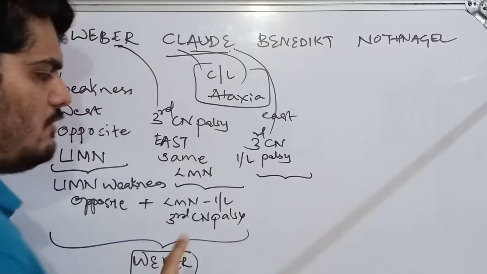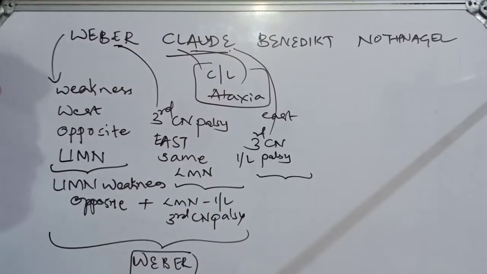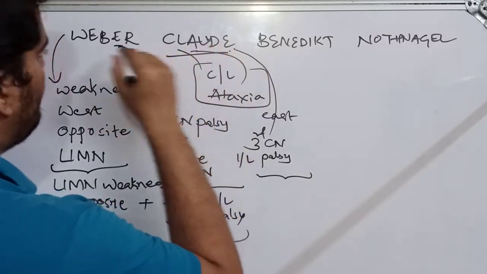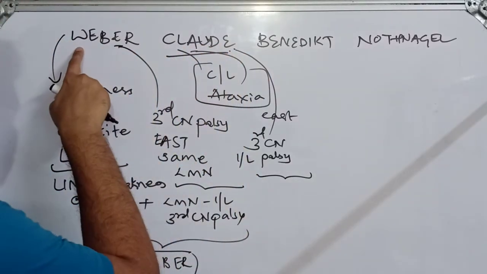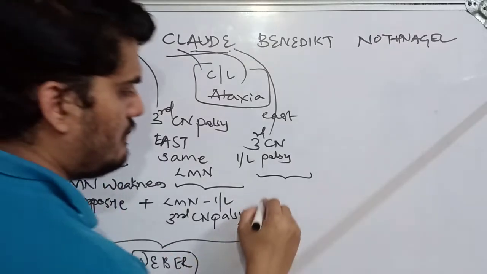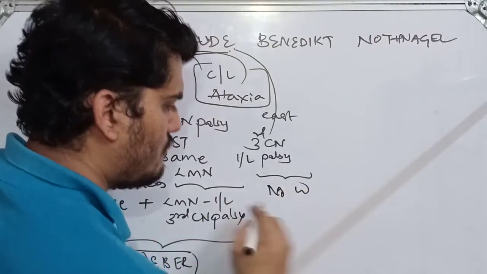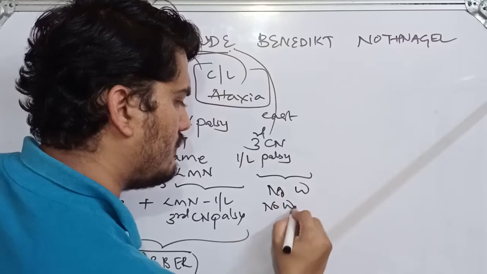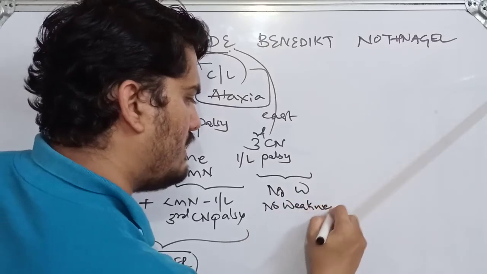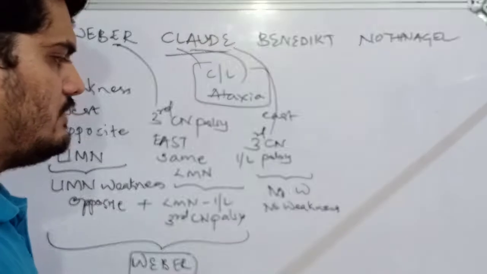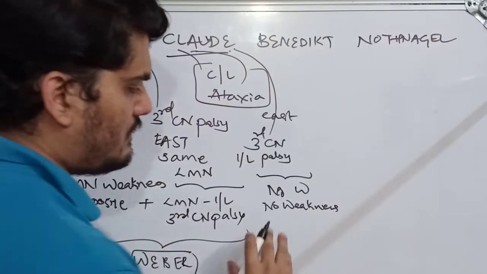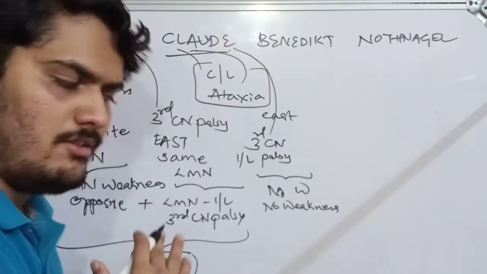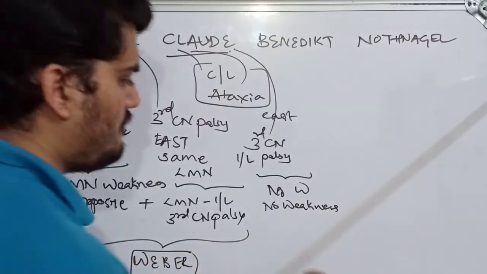One more catch point to remember with respect to Claude syndrome: here there is no W. In Weber there is a W, so there is weakness. Here there is no W, so no weakness. In Claude syndrome there is absolutely no clinical symptom suggestive of complete left-sided or right-sided weakness or paralysis.